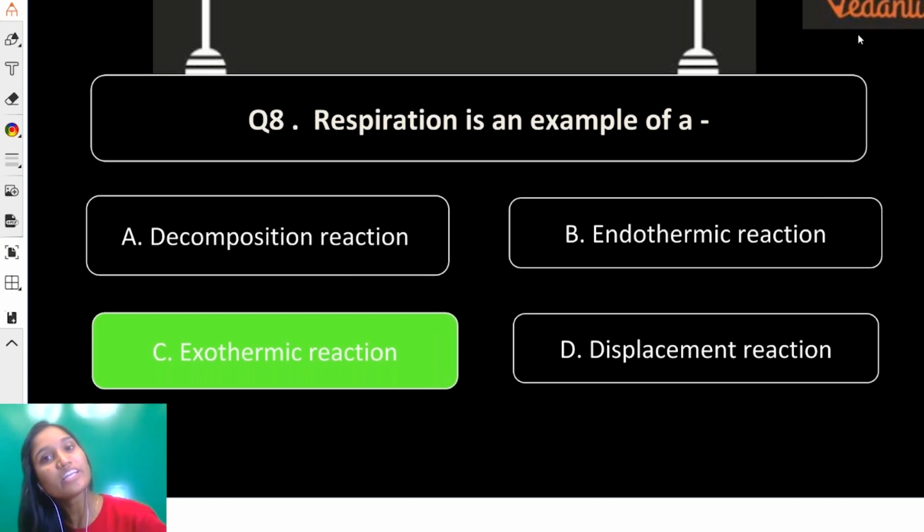But when it is burning, the energy given out is so high that whatever energy you have given, it has given back to the atmosphere, and moreover, it has produced a lot more energy. So you consider whichever energy is higher. If energy taken in is higher, call it endothermic. If energy given out is higher, call it exothermic. If both are equal, it doesn't happen; first of all, it doesn't fall into this classification.